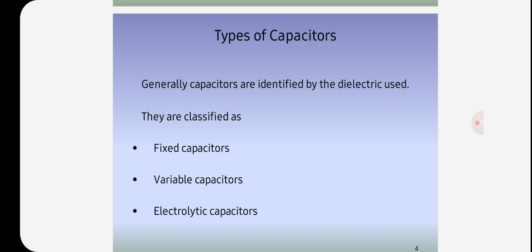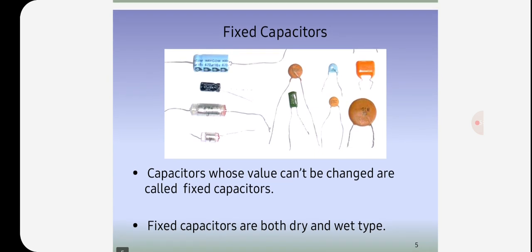Here, the fixed capacitors. The capacitors whose capacitance values are fixed and cannot be varied are known as fixed capacitors.